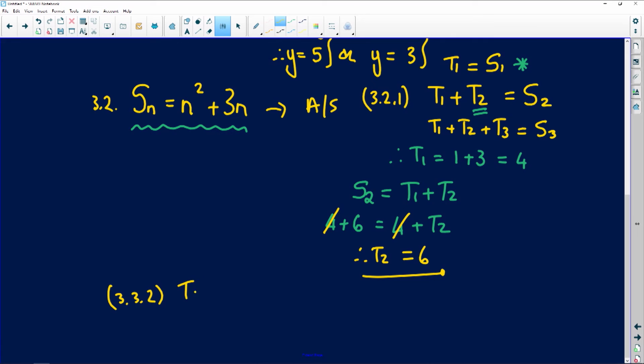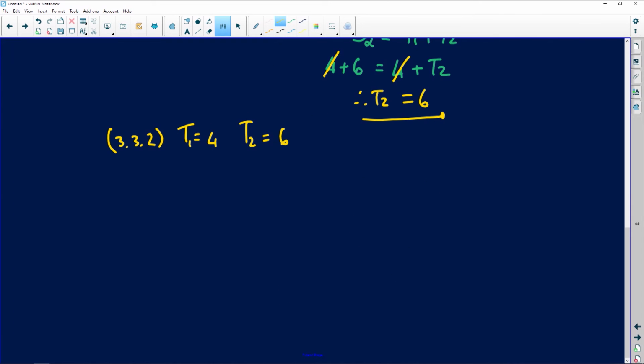They told us term 1 and term 2 of the arithmetic sequence form a geometric sequence. So let's write that down. Term 1 of the arithmetic sequence was 4, and term 2 of the arithmetic sequence we found to be 6. Now they say this is now a geometric sequence that we need to work with, folks. So term 1 is still term 1. But now, how did we get from term 1 to term 2? We did not add 2 like we did with the arithmetic.